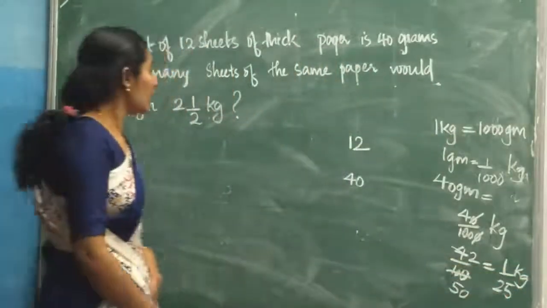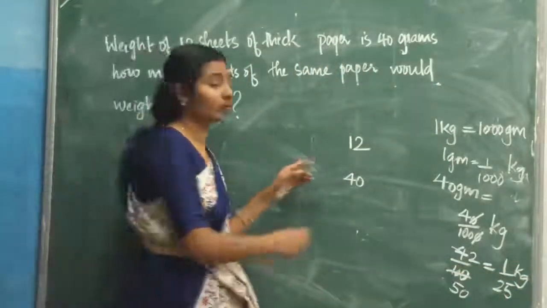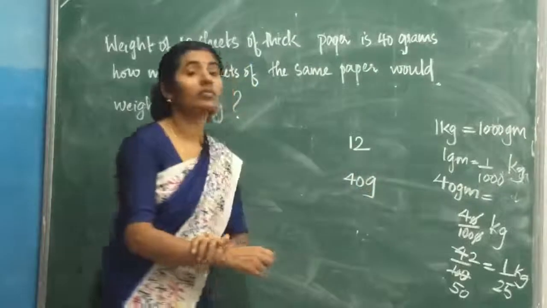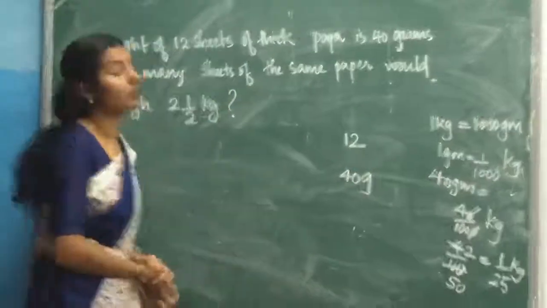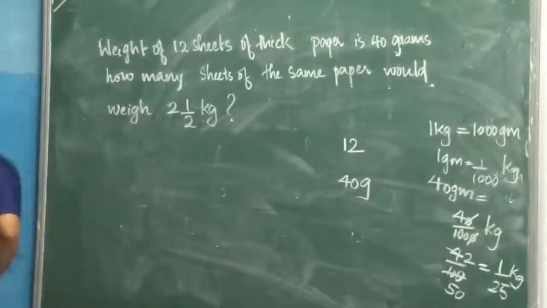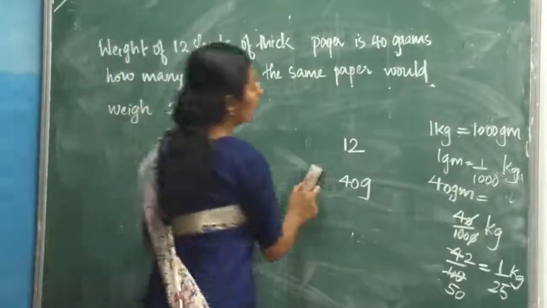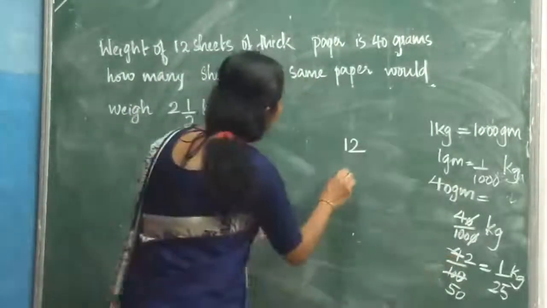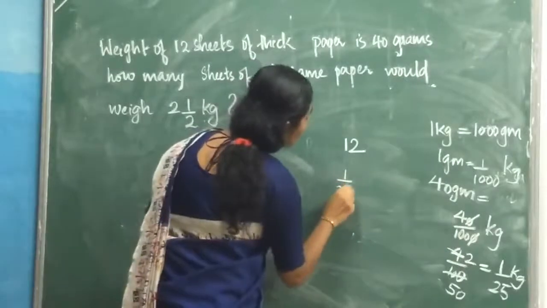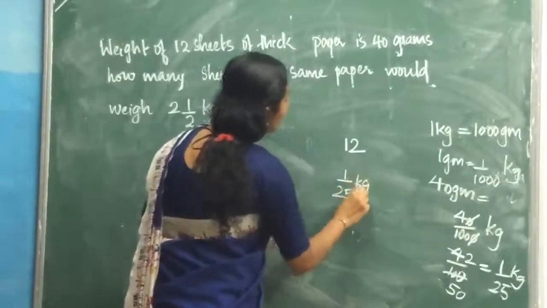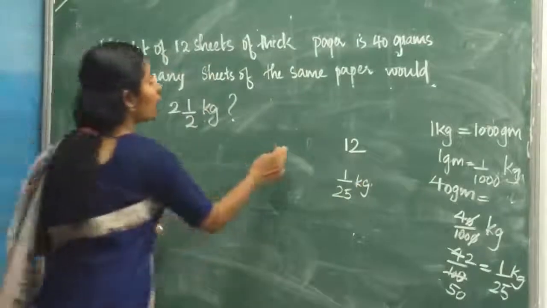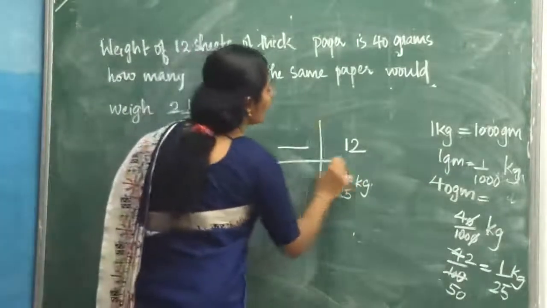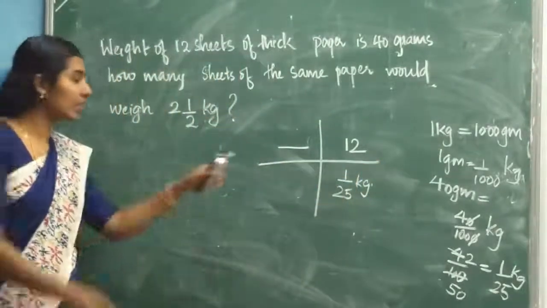Now what you will get? Here we see for 12 sheets of paper, how much gram? 40 gram. 40 gram means that is 1 by 25 kilogram. And now you see what you want to find? The number of sheets of paper, which they didn't give.